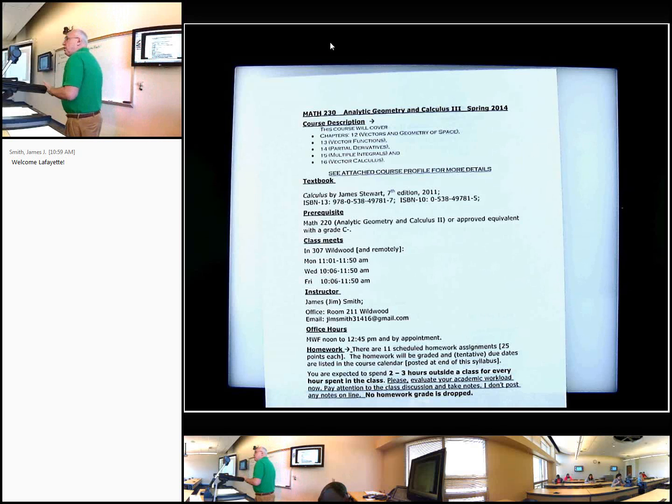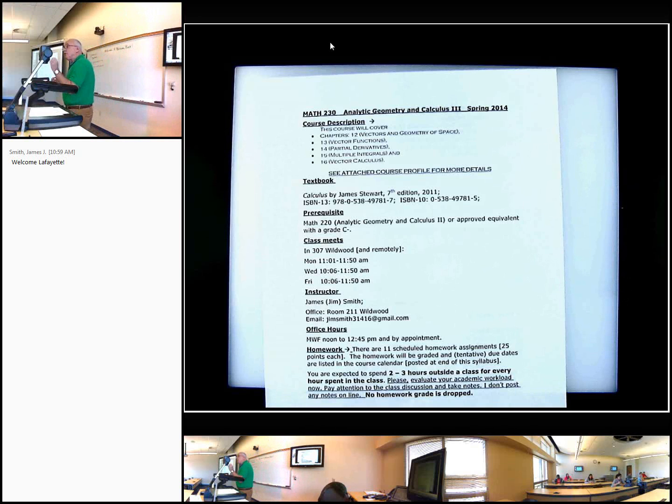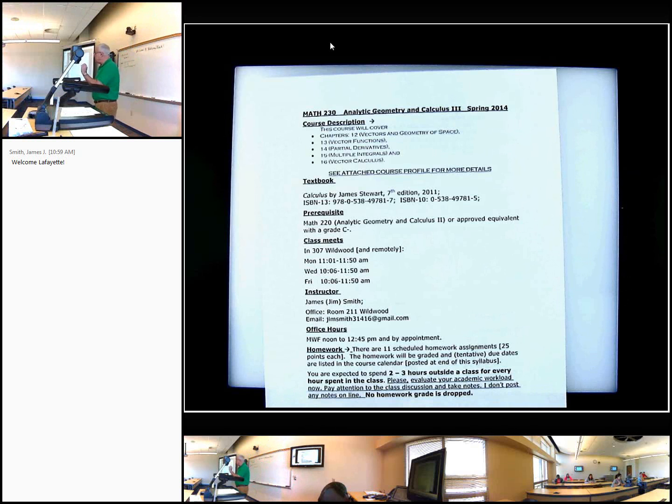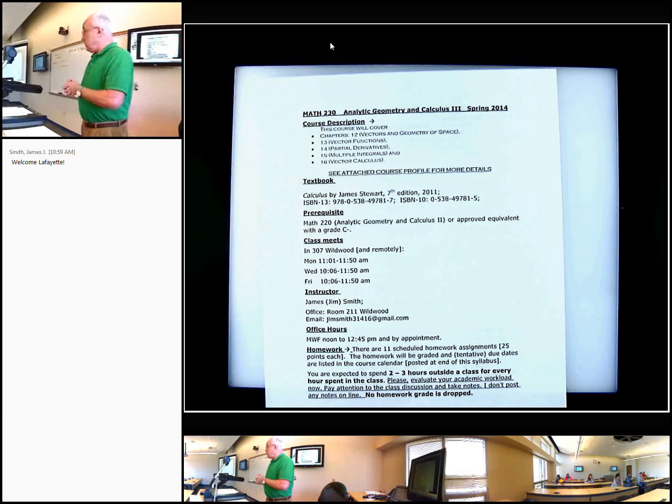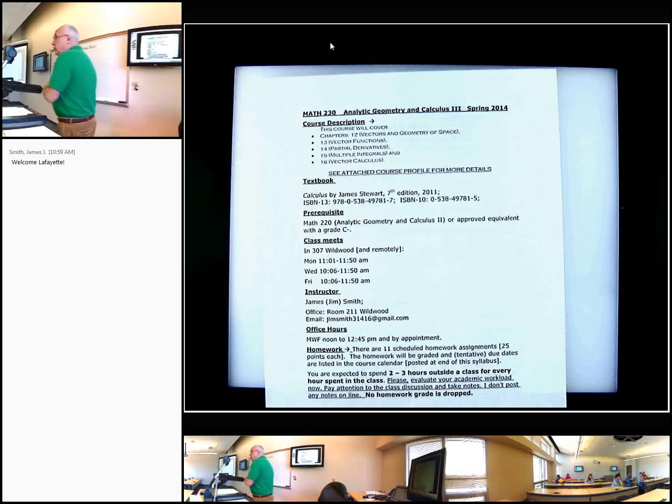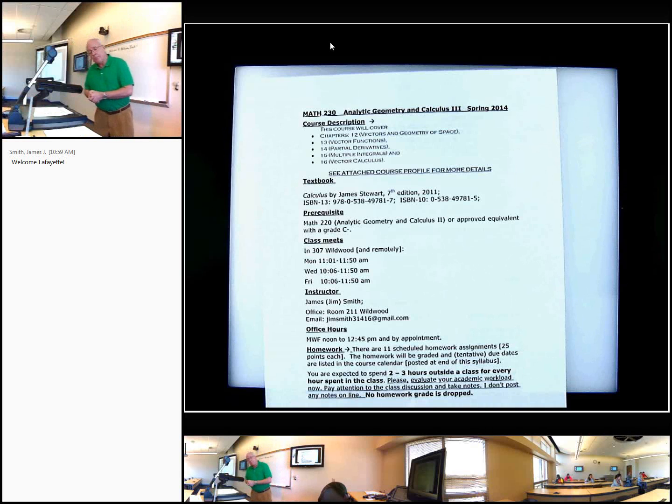Again, these are functions of more than one variable, like a function of x and y, or maybe x, y, and z, and seeing what a partial derivative is, what a directional derivative is, and what a gradient is.